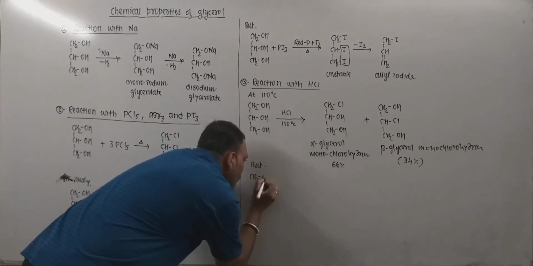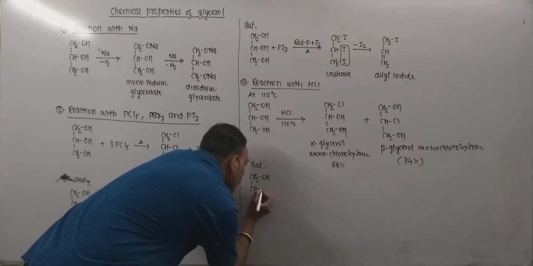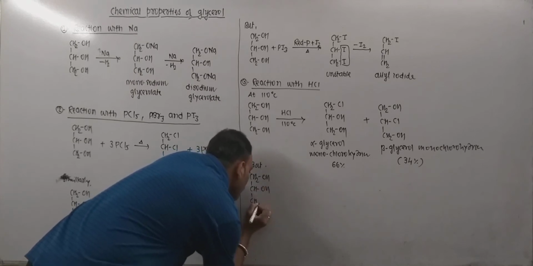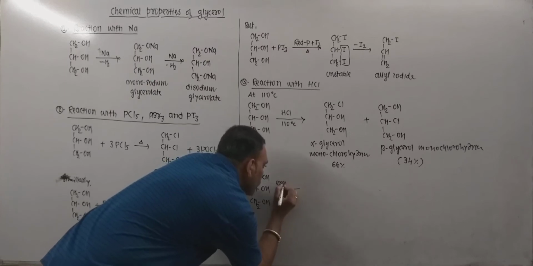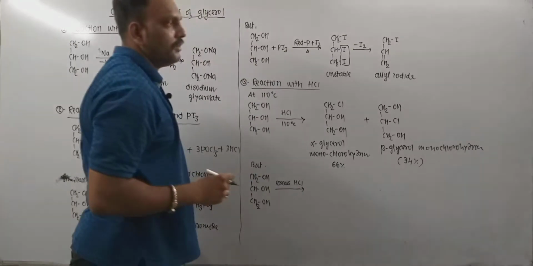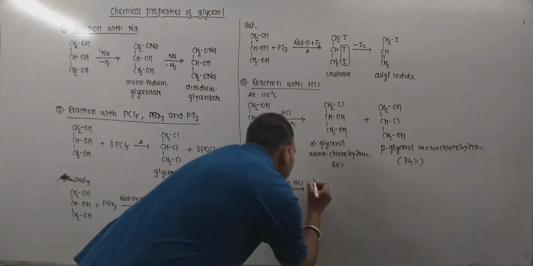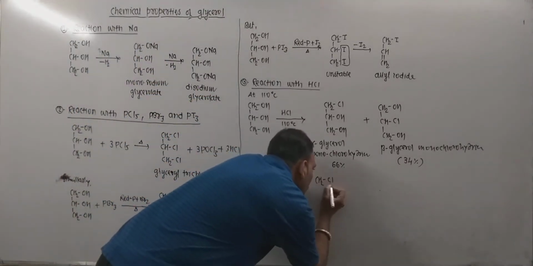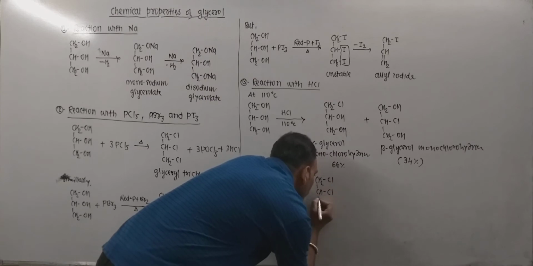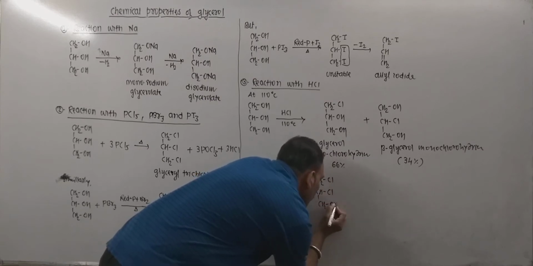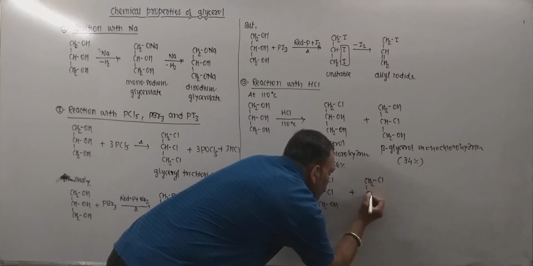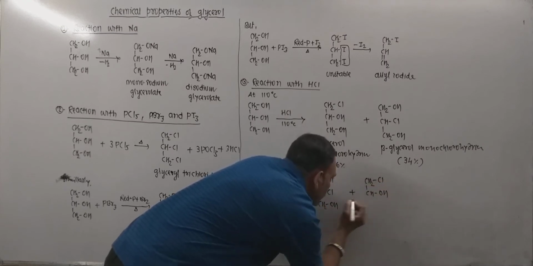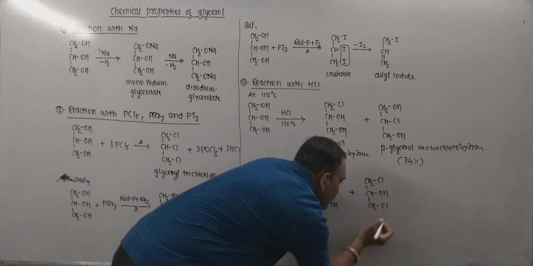So let's see what happens exactly when glycerol is treated with excess HCl. When it is treated with excess HCl, a mixture of two different products can be seen. One of the products will be like this. This is one of the products, and another important product obtained along with it is like this.